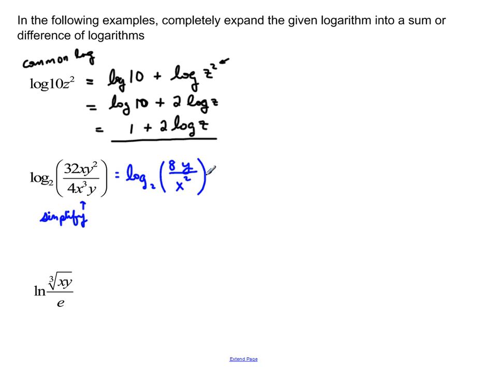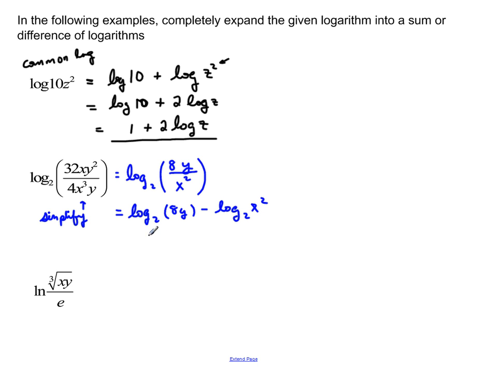So what can I do here? Well, I now know that I've got a quotient, and so I'm going to use that quotient rule, and it says let's take the logarithm base 2 of the quantity 8y and subtract from it the logarithm base 2 of x squared.